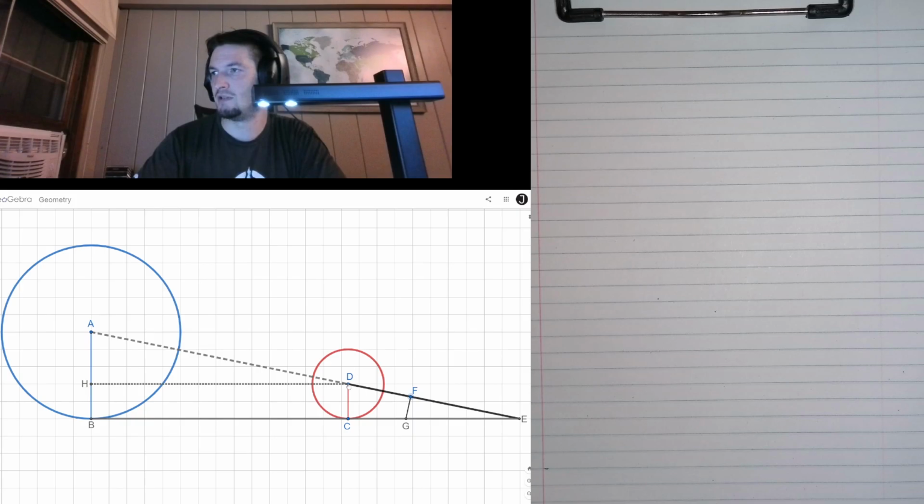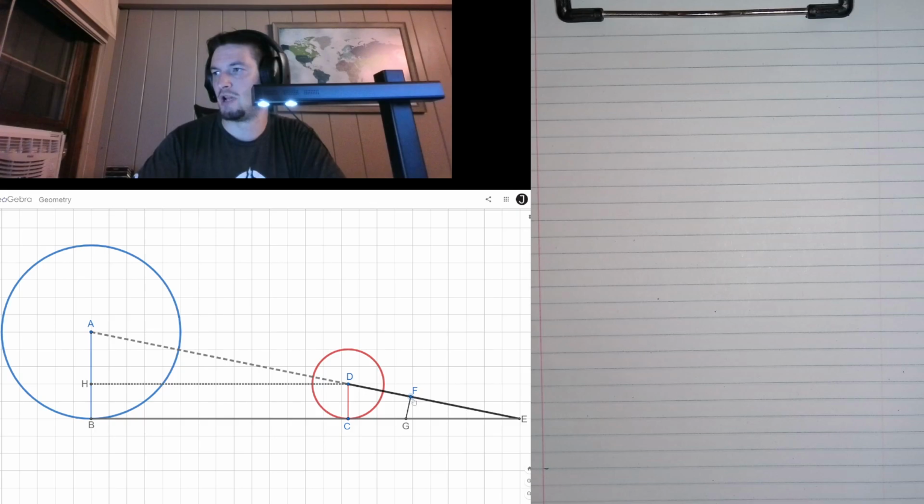Now, how do we know that they are also similar to the triangle DCE? Well, the triangle ABE shares the angle E with the triangle DCE, and they both have a 90-degree angle at C and at B. That means that angle CDE is equal to angle BAE.